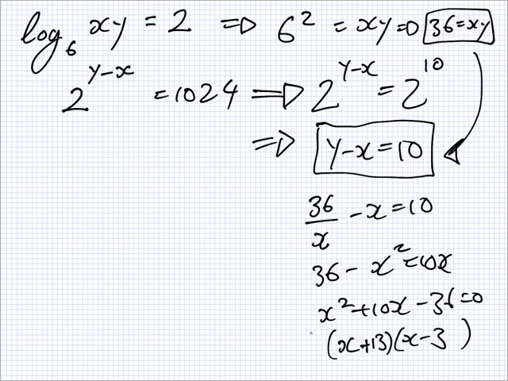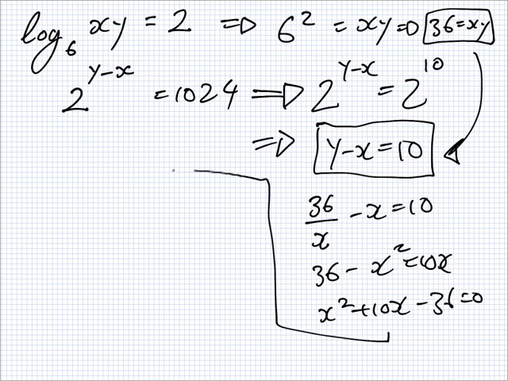No, 13 times minus 3 is minus 39. Apologies. So, no. Fine. Then perhaps you were right. What are the solutions for x then? Minus 5 plus or minus root 61.